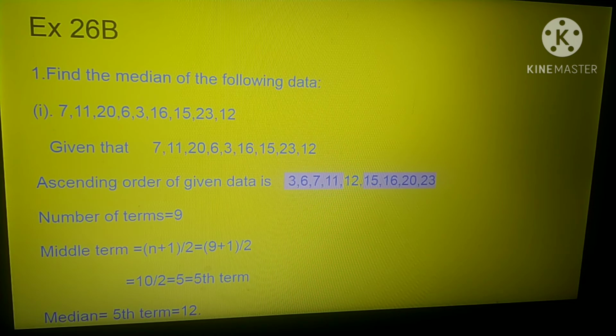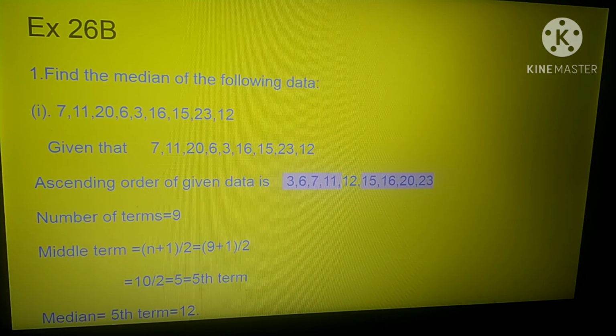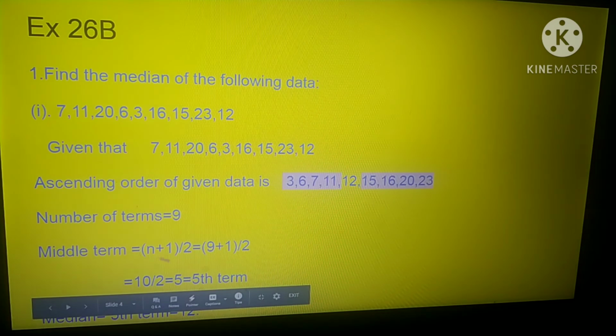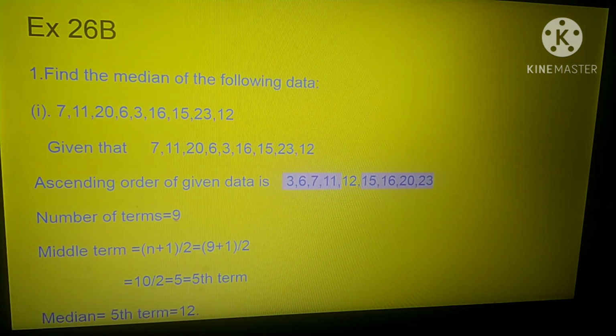So 9 is even or odd? 9 is an odd number. What is the formula we have to use? The middle term is (n plus 1) by 2. Here n means the number of terms, which is 9.